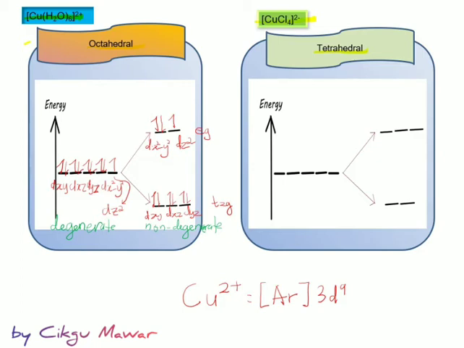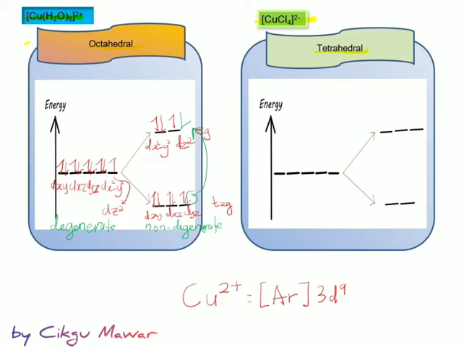Now, when there is sunlight or white light, the electrons in the lower energy level will be excited to the higher energy level.